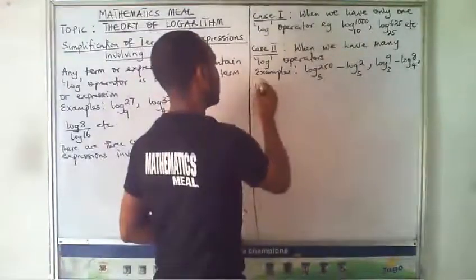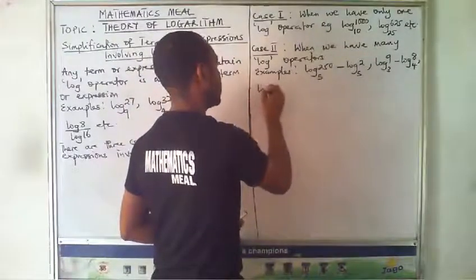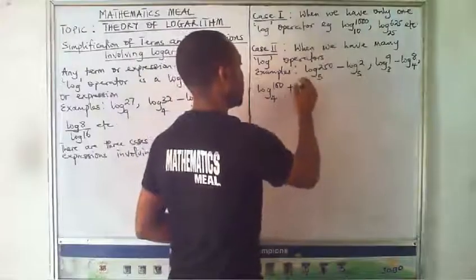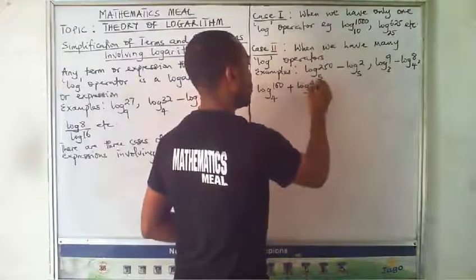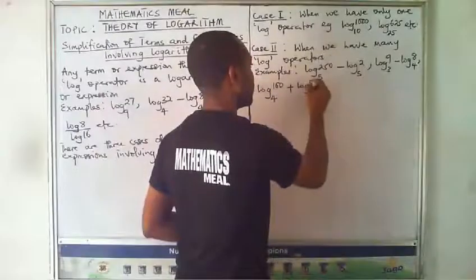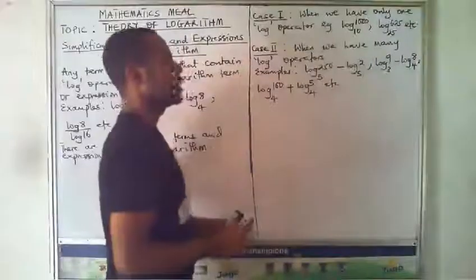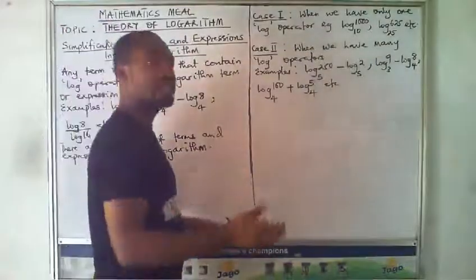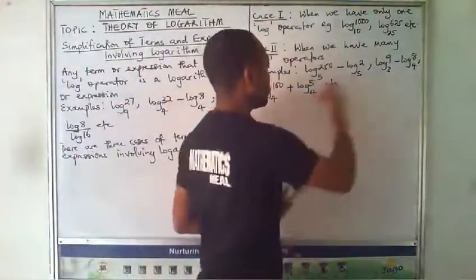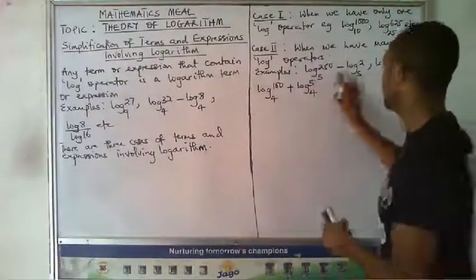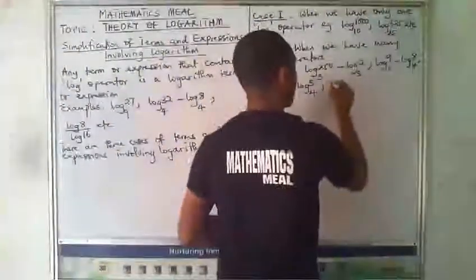We can also have log 100 base 4 plus log 5 base 4. So, two log operators. You can extend to 3 log operators. That's why we say many log operators.